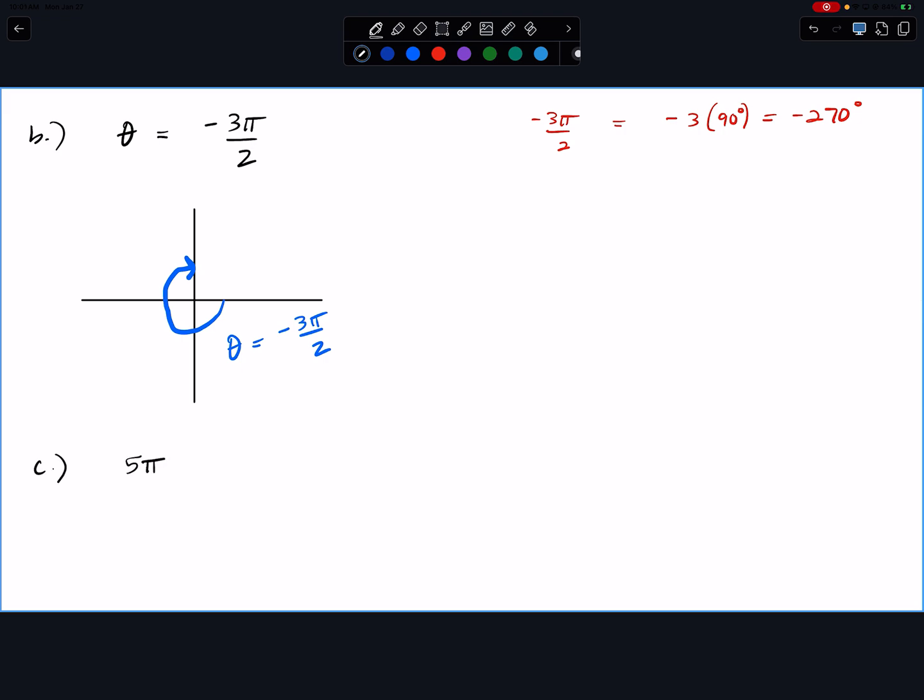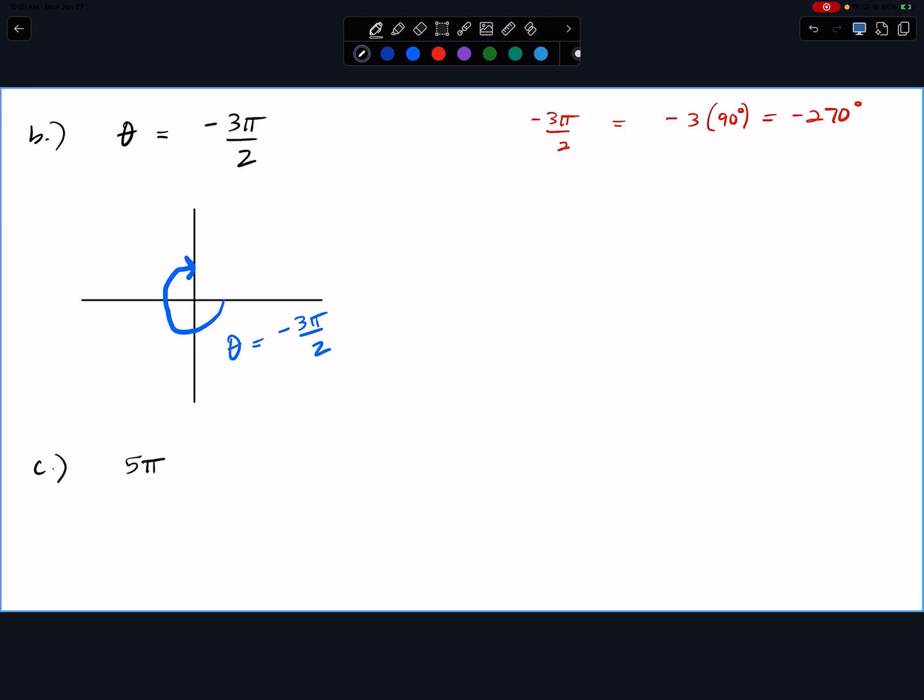All right, C. Here's a fun one. Okay, is 5 pi on my unit circle?